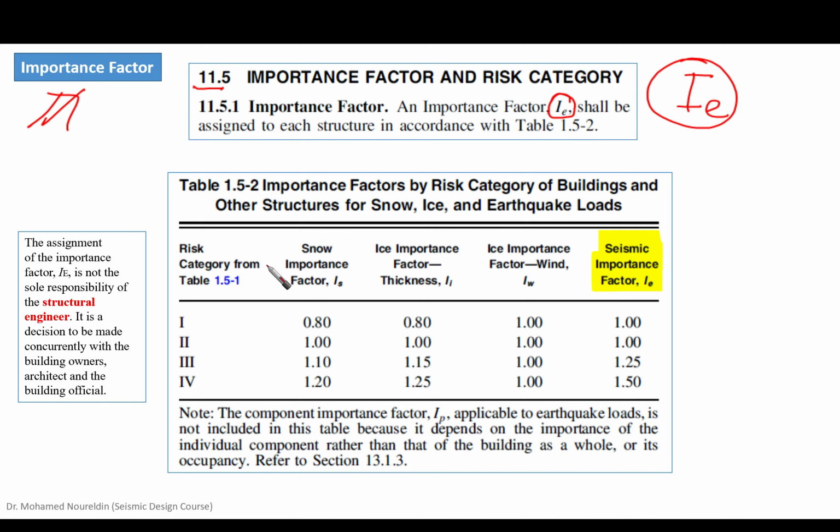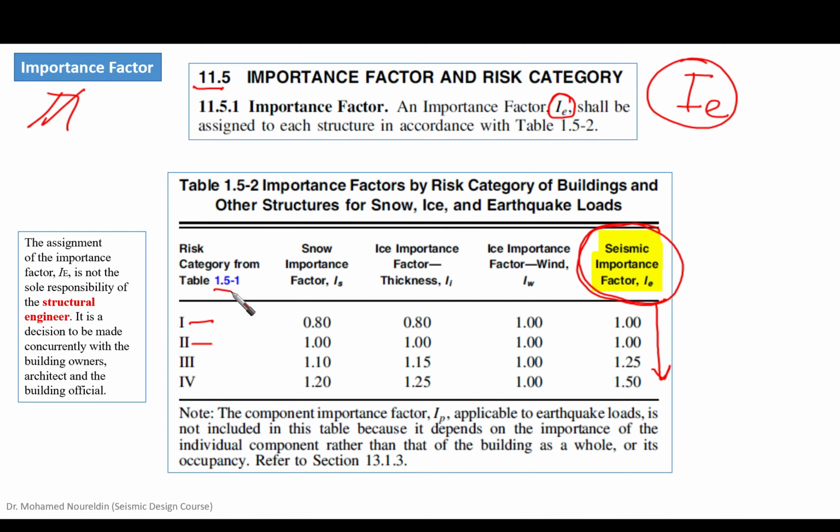So we have this table, Table 1.5-2, importance factors by risk category for buildings and other structures for snow, ice, and earthquake loads. So we are talking about this seismic importance factor, I_E, here. As you can see, they are based on risk category.